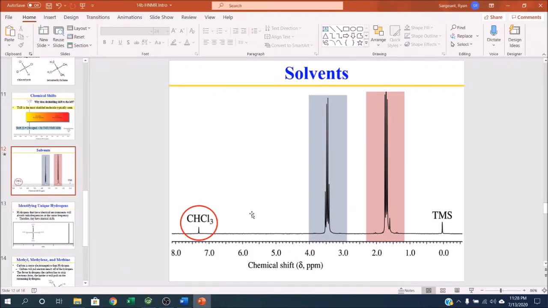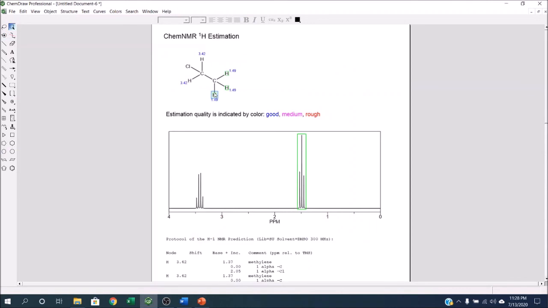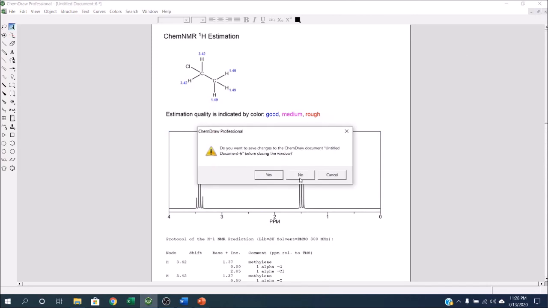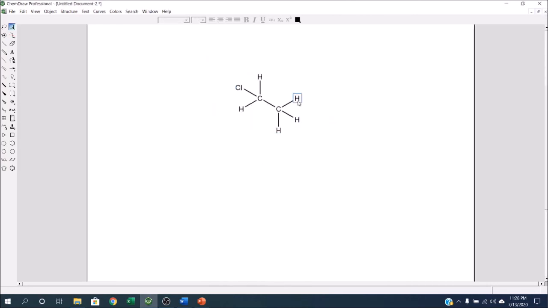In the example that I showed you, we predicted that the methyl group would have a lower shift value, and the methylene carbon would have a higher shift value, and ChemDraw actually shows that to you in more explicit detail. Here's the actual numerical value for those hydrogens out here in the methyl group, showing you where that peak shows up in the proton NMR spectrum, and then also where the methylene hydrogens are and its numerical value in the spectrum.